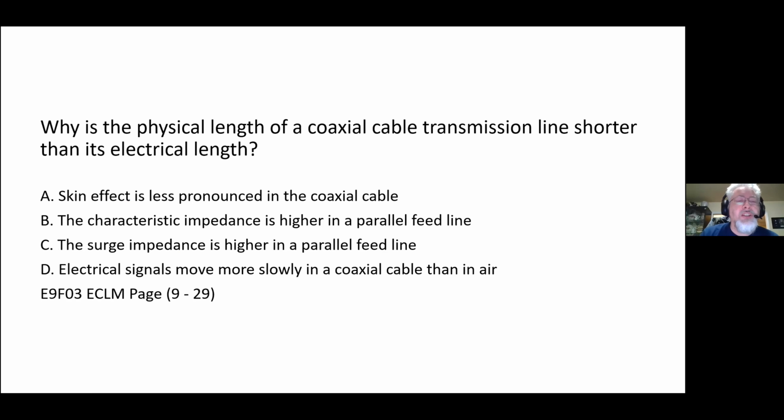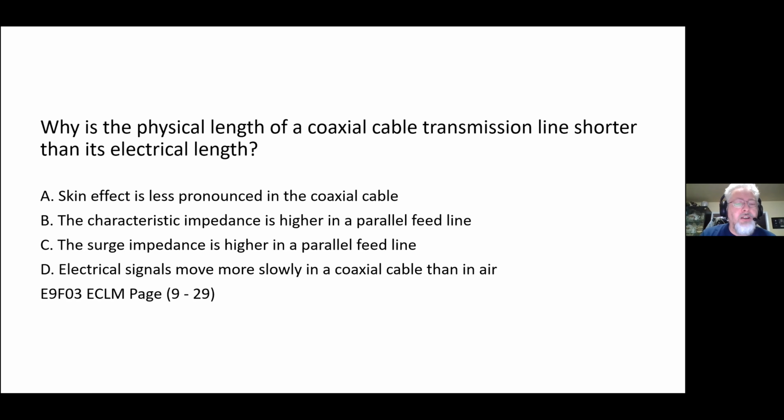Why is the physical length of a coaxial cable transmission line shorter than its electrical length? A, skin effect is less pronounced in the coaxial cable. B, the characteristic impedance is higher in a parallel feed line.